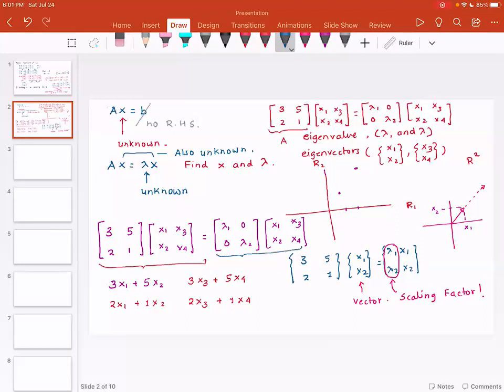So I'm going to show this product over here: first row, first column, first row, second column, second row, first column, second row, second column.